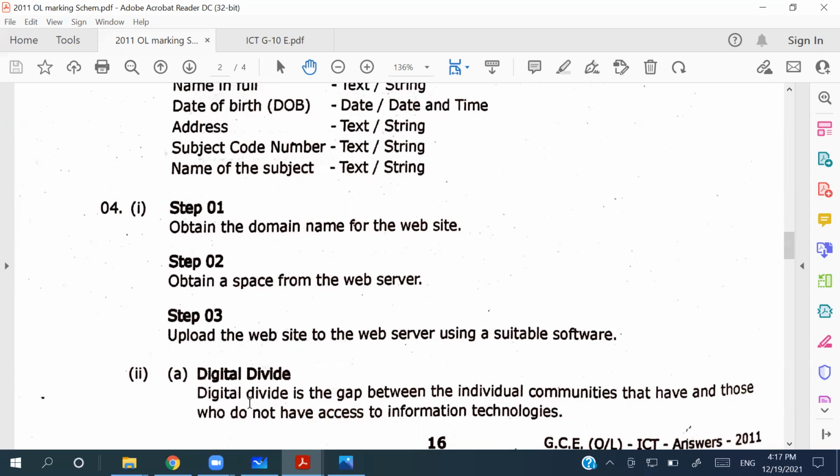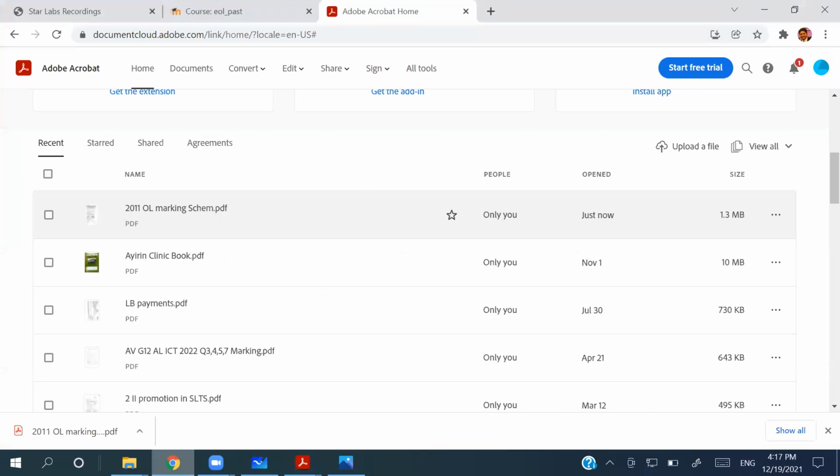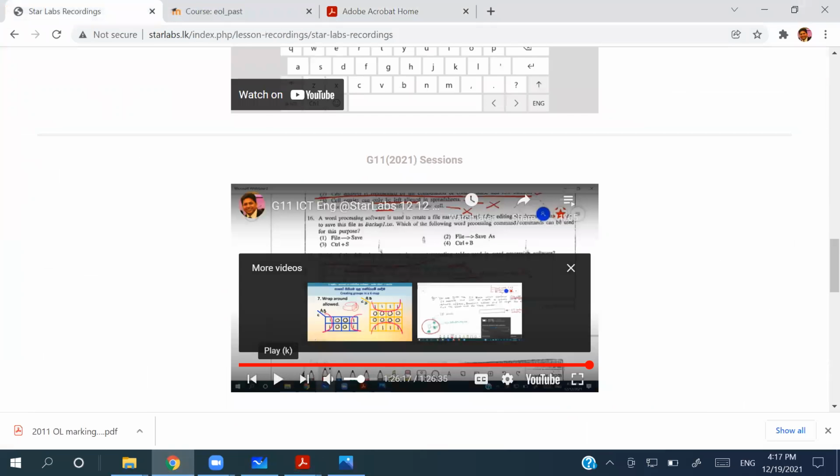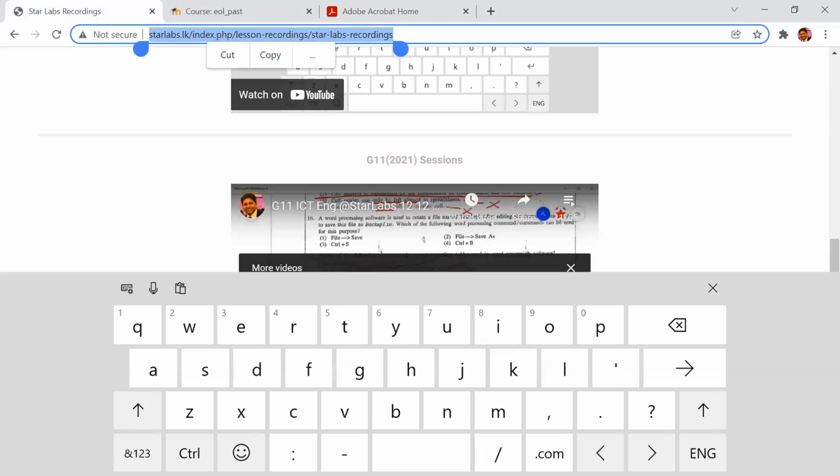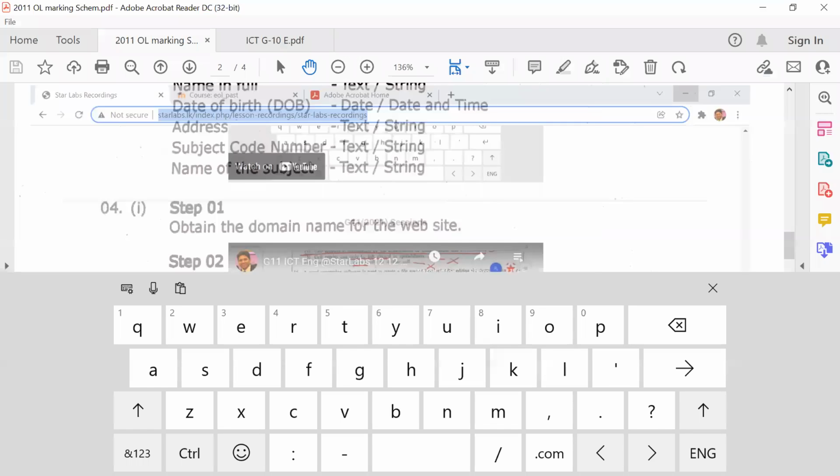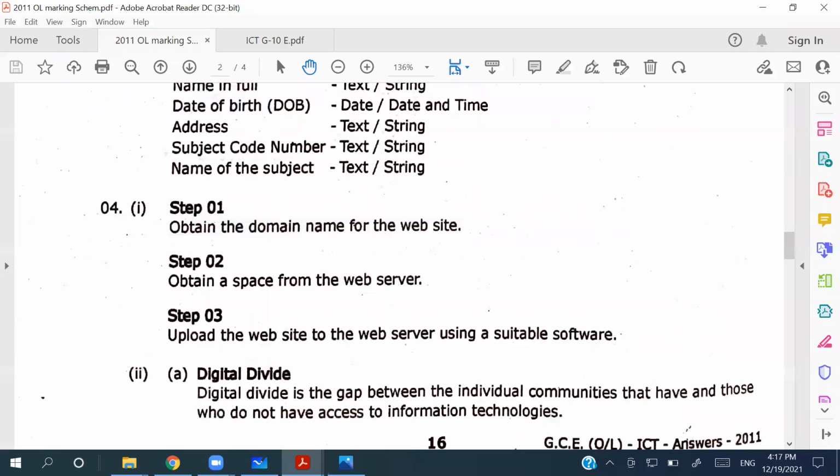Now, as you can remember, my website got the domain name called starlights.lk. Right? So I have to purchase that, as well as purchase a particular place to hold the collection of web pages.